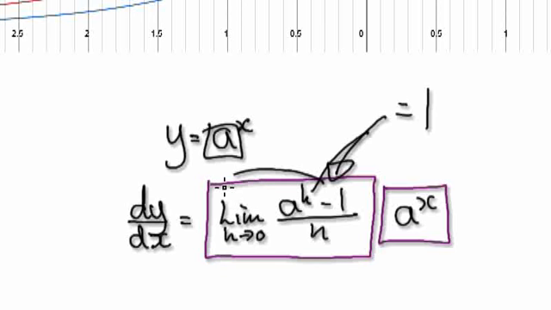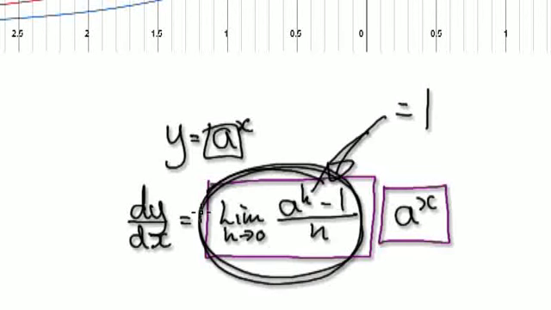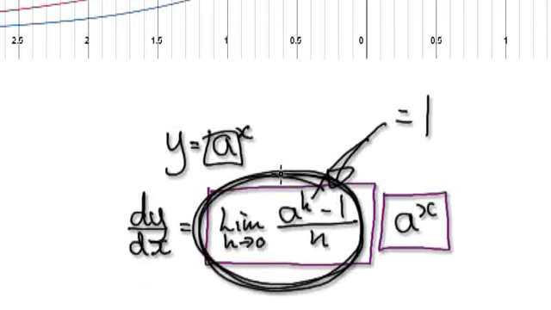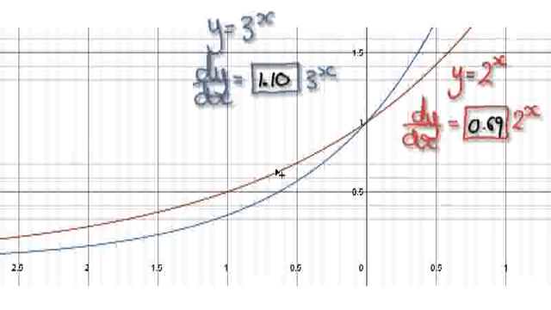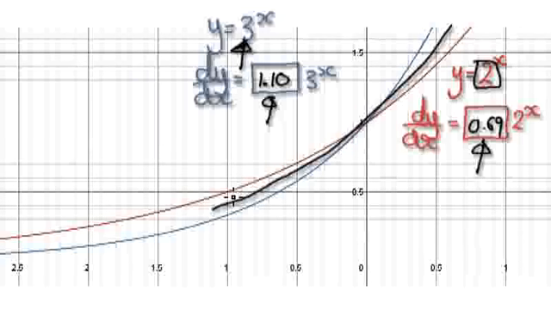When you look at the graph, in the case of the base being 2, the gradient is less than 1. In the case of the base being 3, the gradient is above 1. So there must exist a base somewhere in between where the gradient is dead on 1, and it's going to be between 2 and 3.